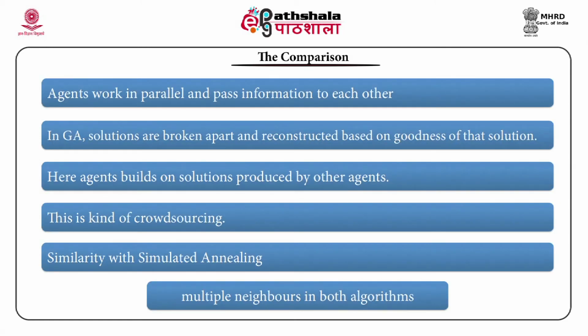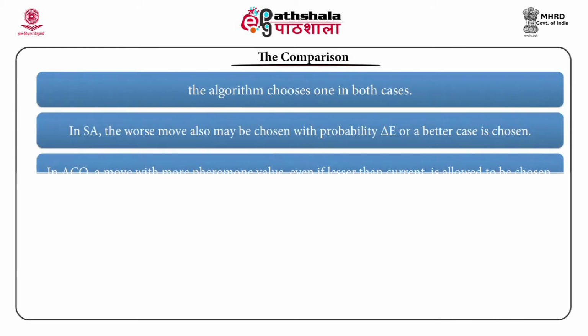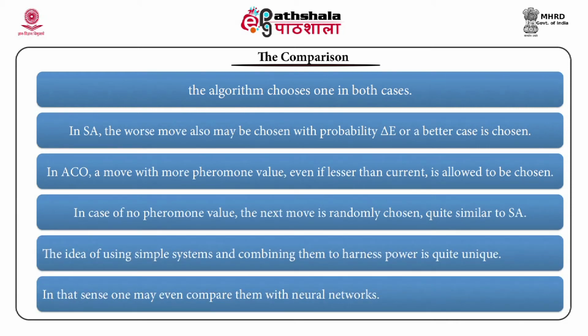You can even compare that with neural networks that we have seen in the previous module. But obviously, this is different. In neural networks also, we use small neurons which work together to solve complex problems. Here also we use small agents which are used collectively to solve complex problems. There is some similarity with simulated annealing as well. You have multiple neighbors, multiple solutions possible. The algorithm chooses one out of those cases.